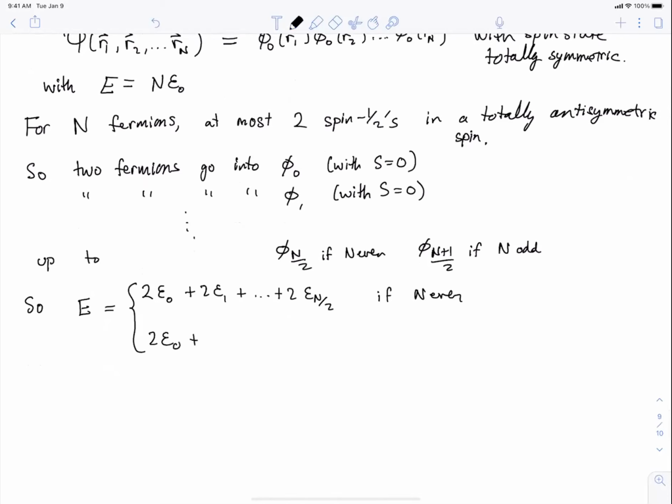And I get almost the same thing, except I get 2 curly E n minus 1 over 2, and then I have 1 left over, which can be curly E n plus 1 over 2. Okay, and that's for odd n.